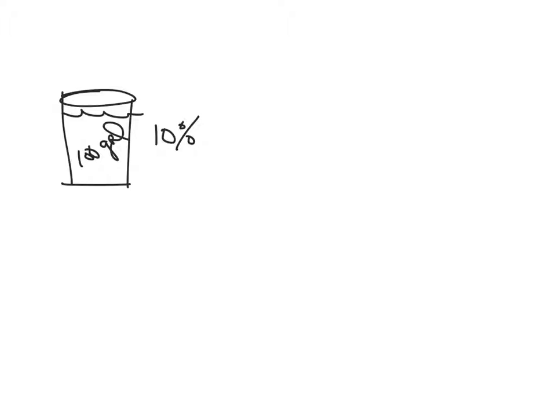So we want 40% brine instead of 10. So we're going to have to lower the amount of water here so that the percentage of the salt to the water increases.